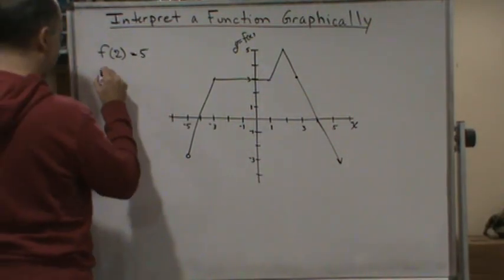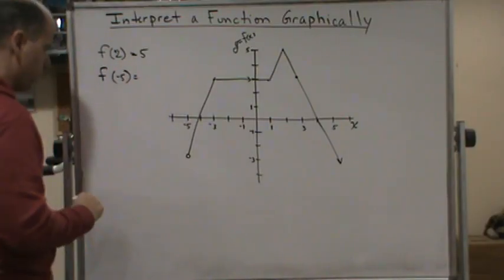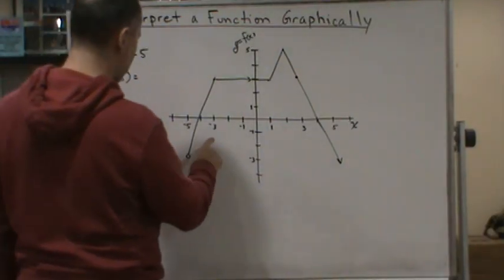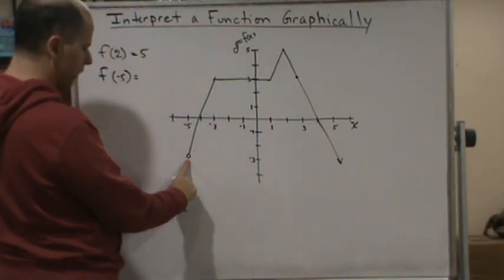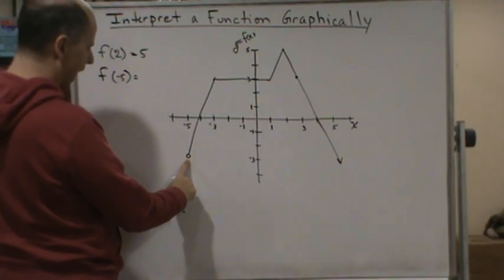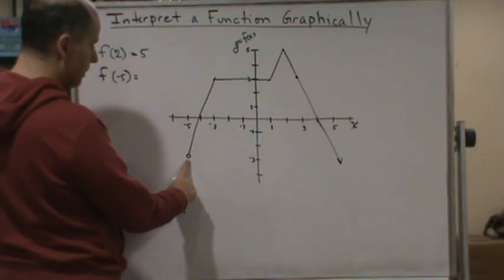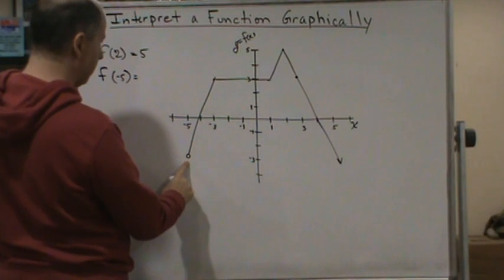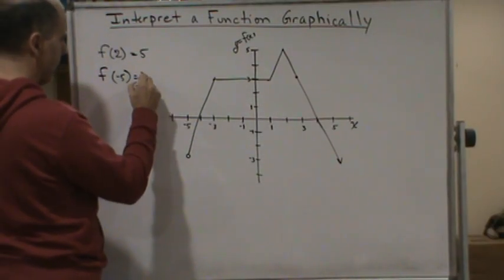Now, what about f of negative 5? Now, if we go to negative 5, we see that there's a hole in the graph, and so at x equals negative 5, this is undefined. Even though it looks like it's negative 3, there's a hole in the graph at negative 5, so this does not exist.